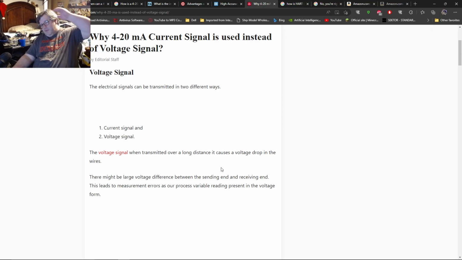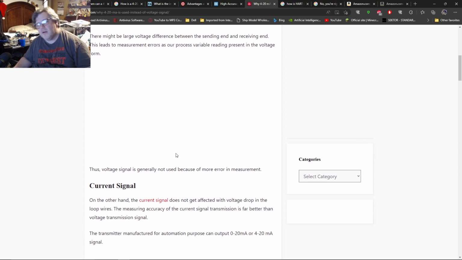The voltage signal, when transmitted over a long distance, causes a voltage drop in the wires. There might be a large voltage difference between the sending end and receiving end, and this leads to measurement errors, as our process variable reading is present in voltage form. Thus the voltage signal is generally not used because of more error in measurement.